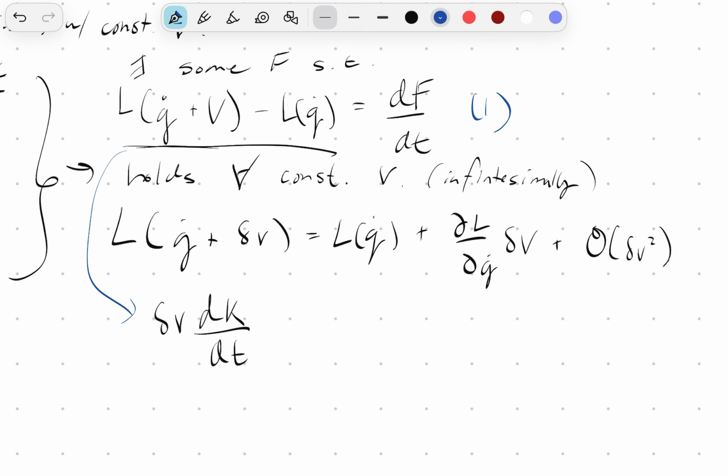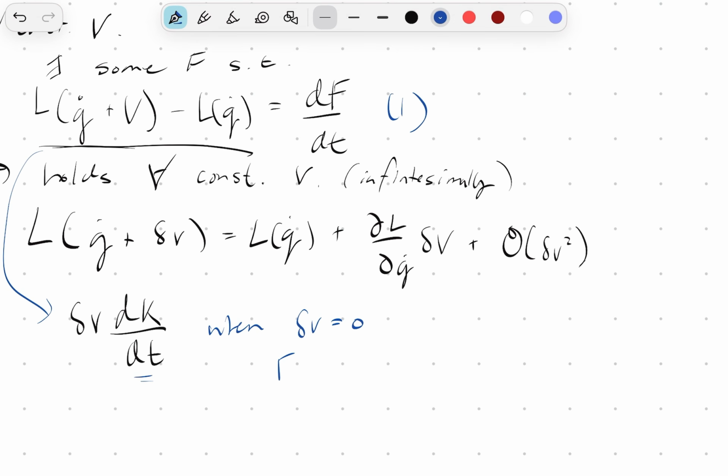So we're essentially saying that when delta v equals 0, this total time derivative will vanish itself. Okay, and so that will lead to f being equivalent to the variation of v times some function of q dot and t.